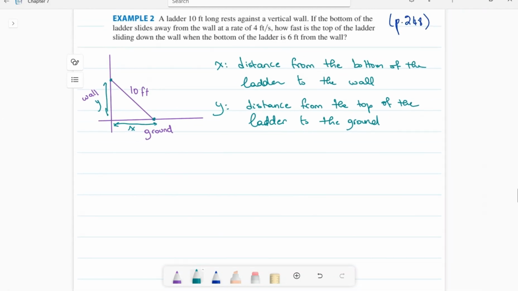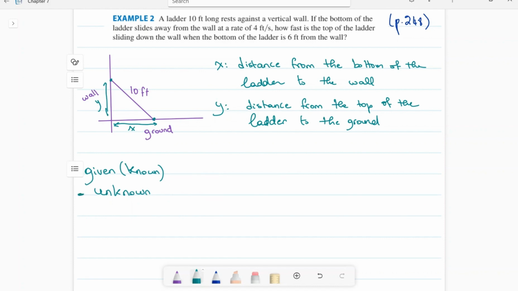I just defined these few things to make the picture clearer and easier for us to use. So again, as we did in the previous problem, let's identify what is given or known and what is unknown or what we are trying to find.